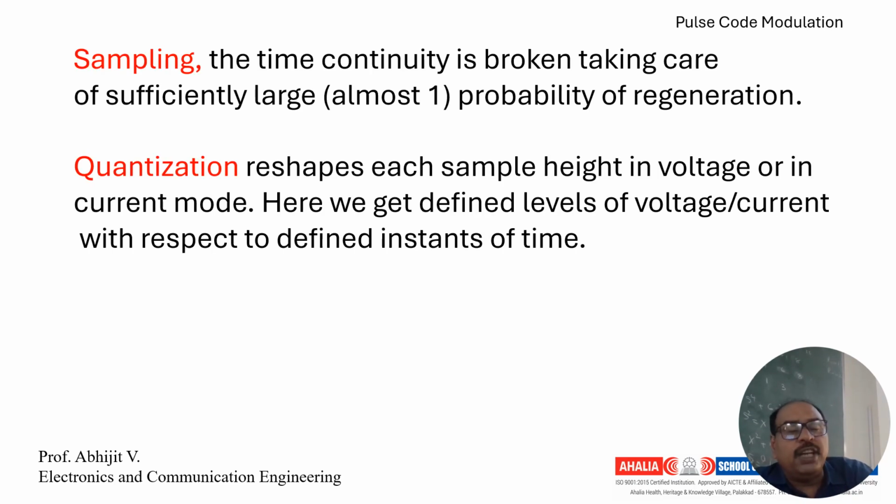So what is meant by sampling? Definition of sampling in general. Sampling is breaking up of the signals, breaking up the time continuity of the signals with the possibility of regeneration.